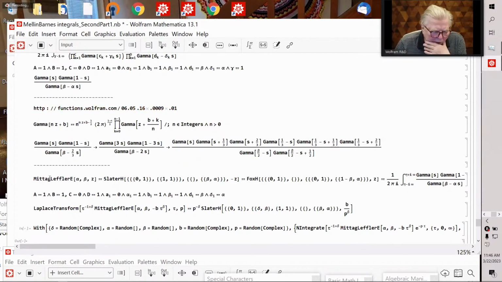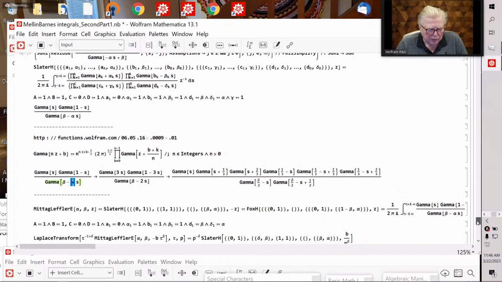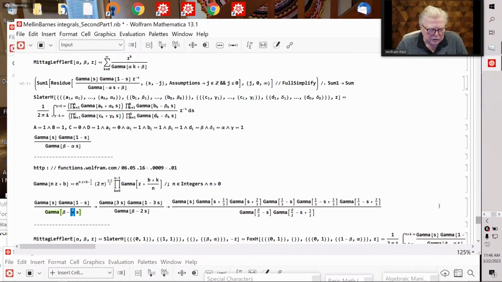And here I want to mention effect connected with this coefficient. How to convert FoxH functions into Meyer G, not only for cases when we have everywhere 1, 1, and so on.